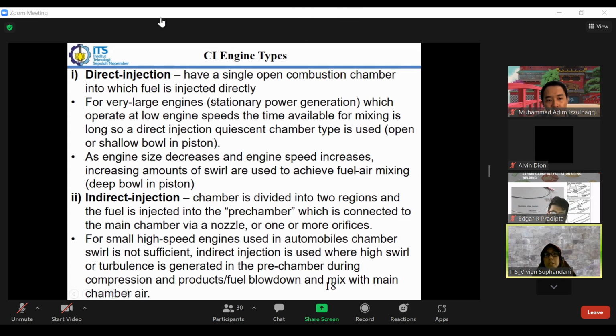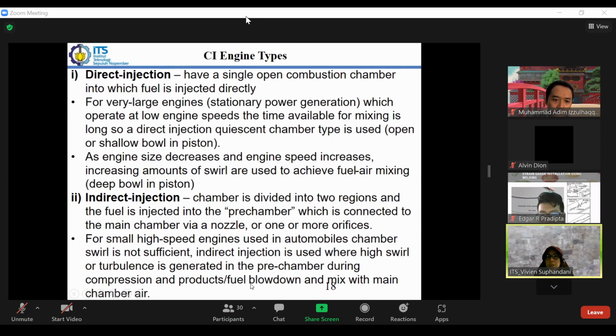When we use direct injection, we have to think about how to increase the amount of swirl to promote better fuel-air mixing. This is what we can do in the design if we use direct injection.